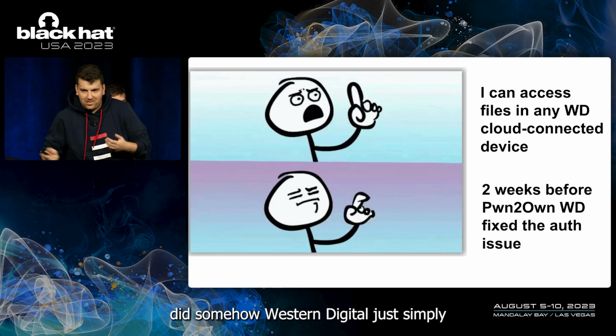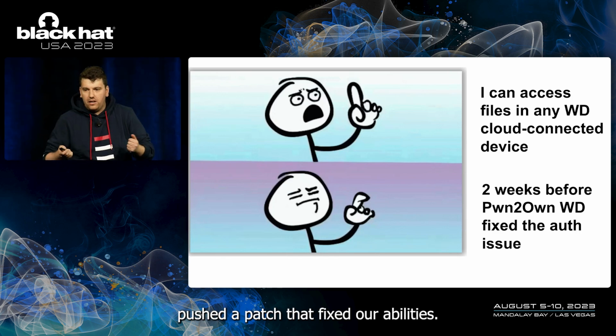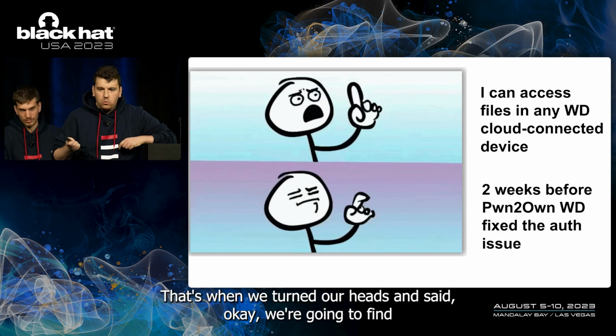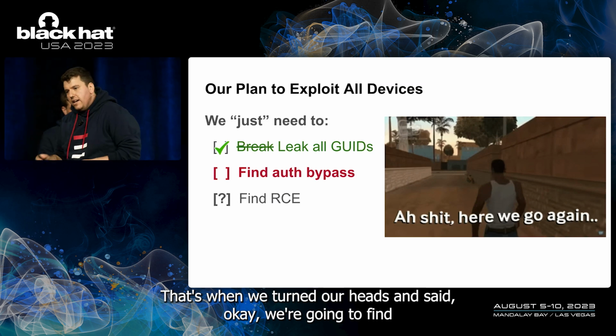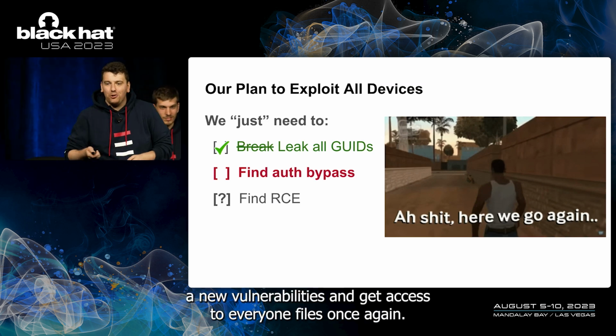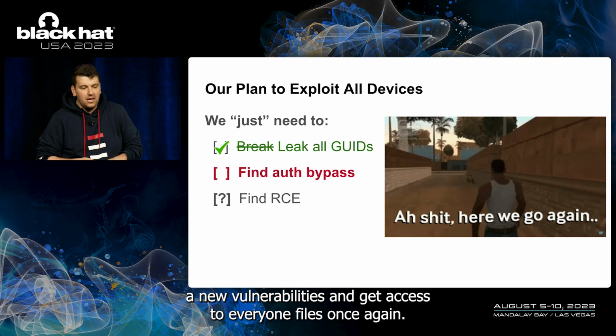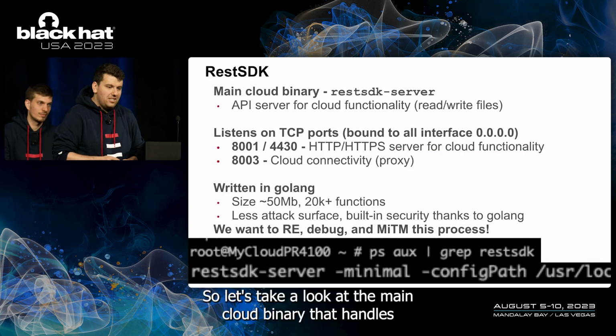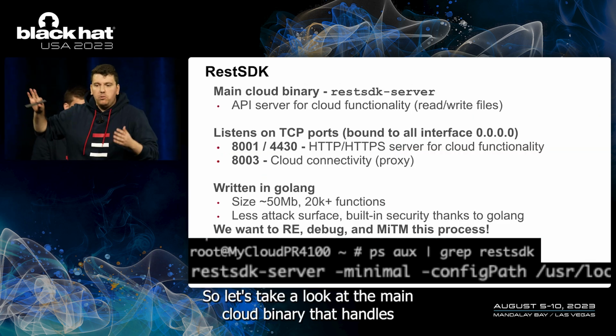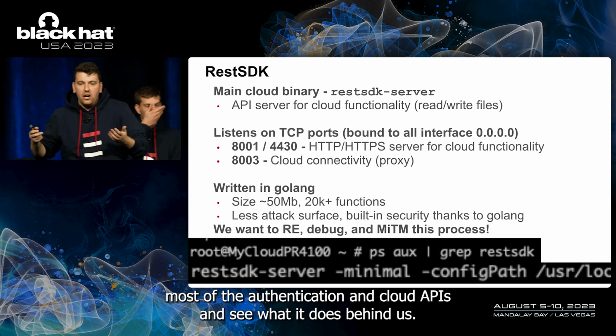Somehow Western Digital just pushed a patch that fixed our vulnerabilities. That's when we turned our heads and said, okay, we're going to find new vulnerabilities and get access to everyone's files once again.